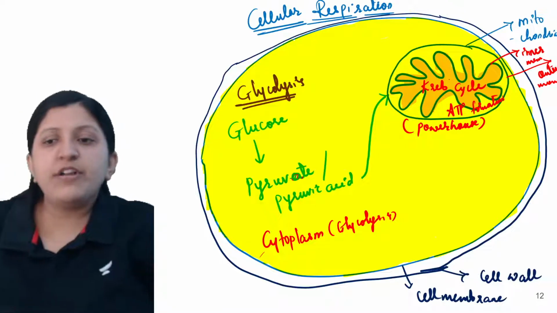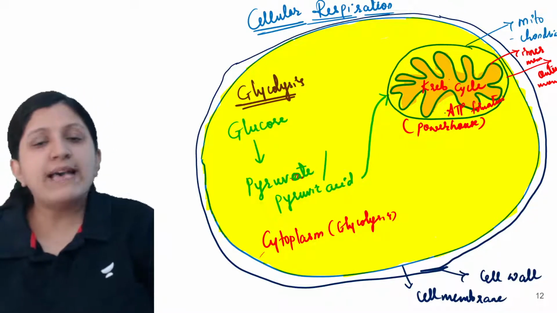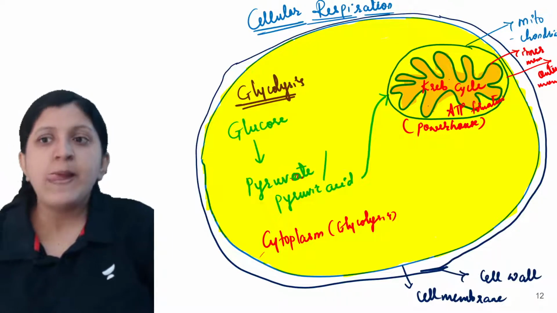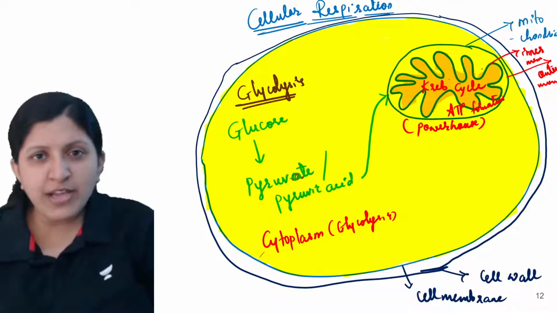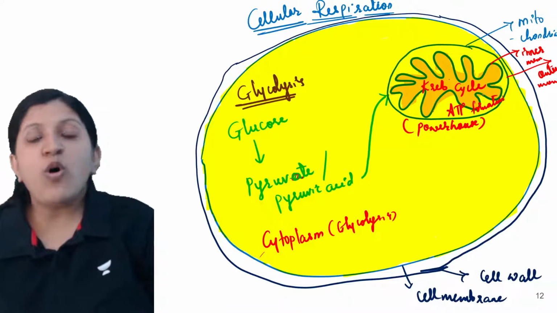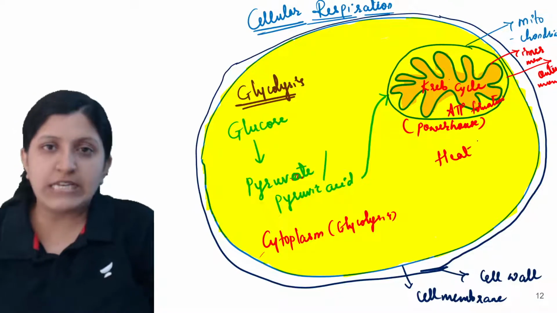All right, I was explaining that the mitochondria, as the powerhouse, converts pyruvate to carbon dioxide, water, and energy. So it is not just heat energy.